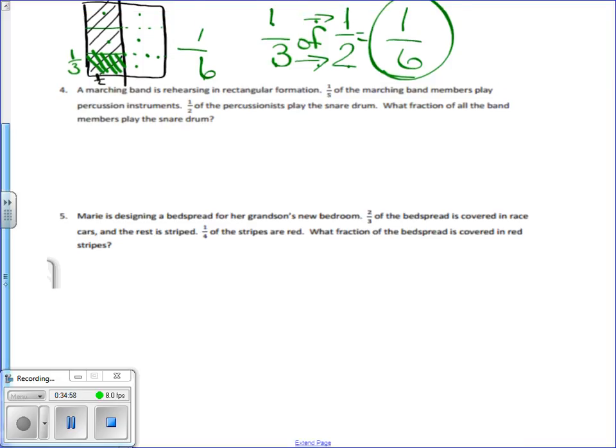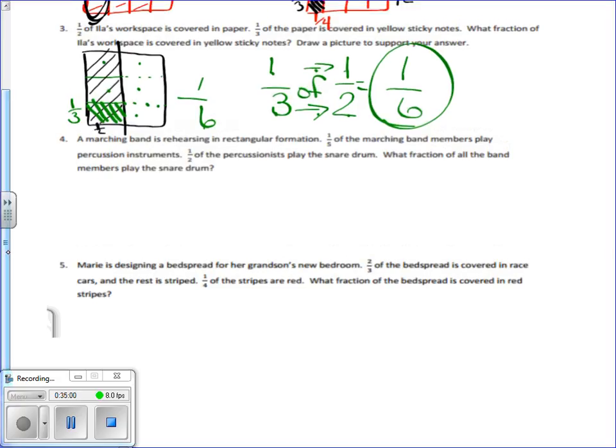So, a marching band is rehearsing in rectangular formation. That rarely ever happens. They do swirlies and triangles and all kinds of things, but they rarely do a rectangular formation.